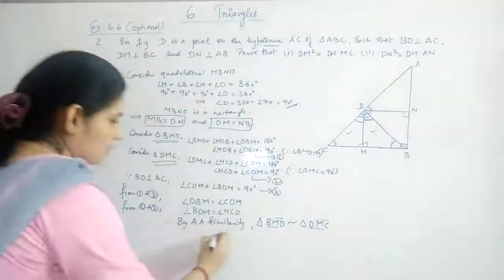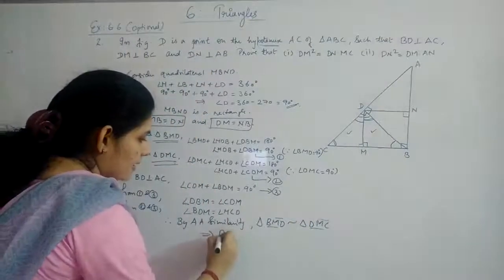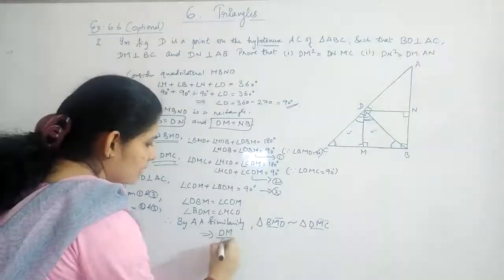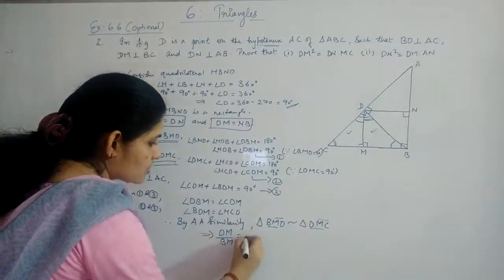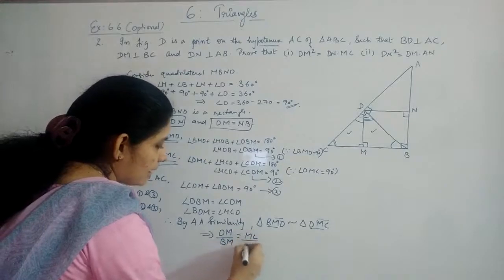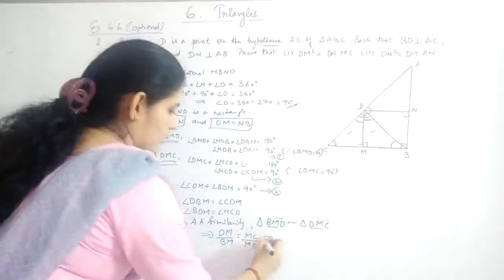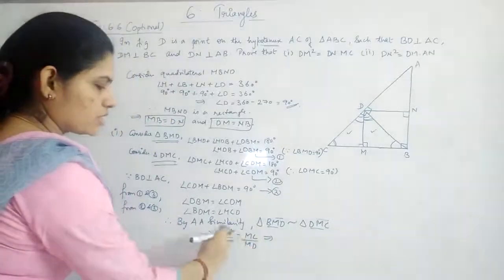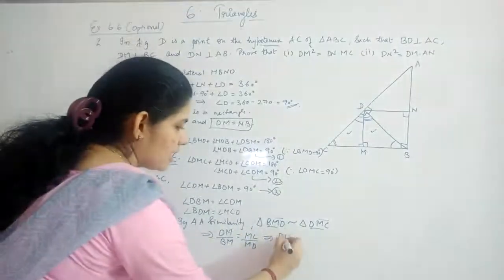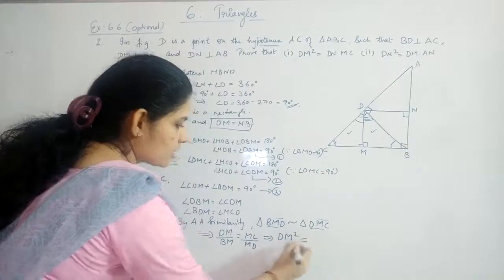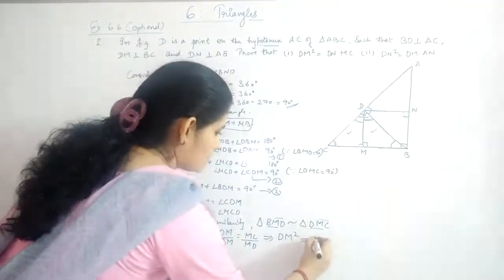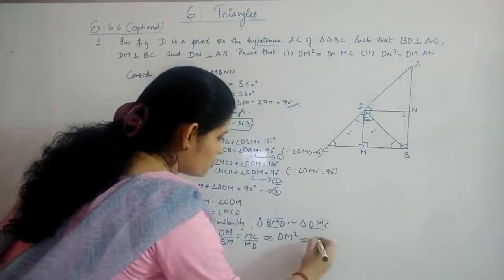Okay, so I am getting DM by BM is equal to MC by MD. Okay. MD is same as DM. So you can just cross multiply and this will become DM into DM, which is DM square, is equal to MC into BM.